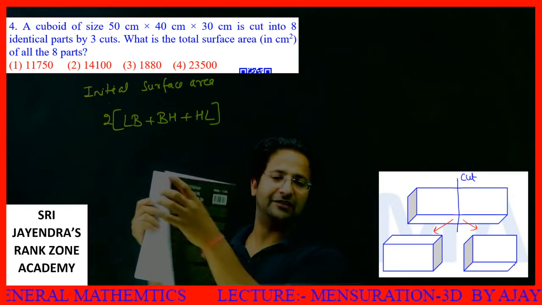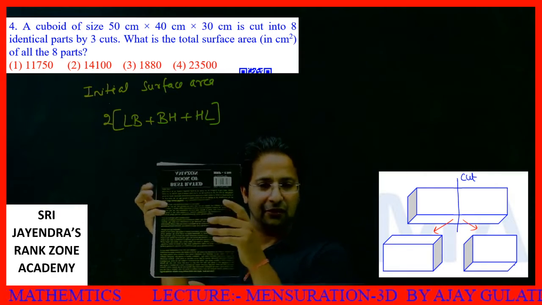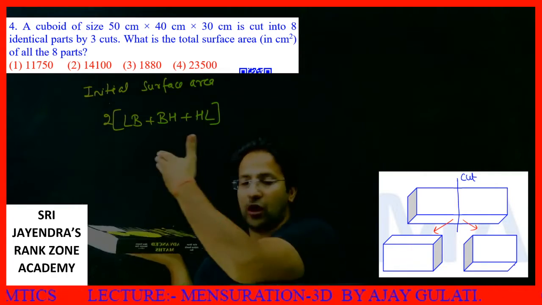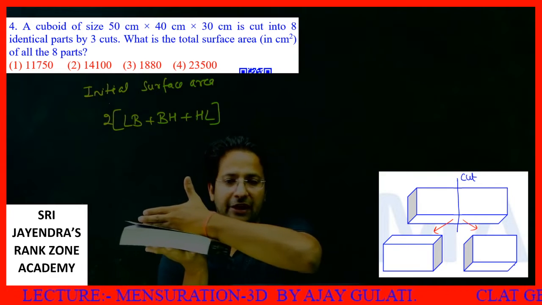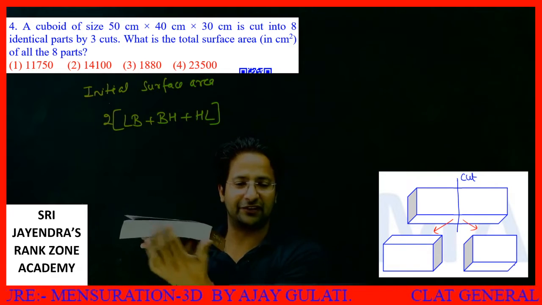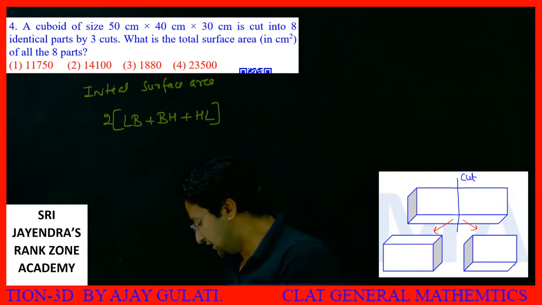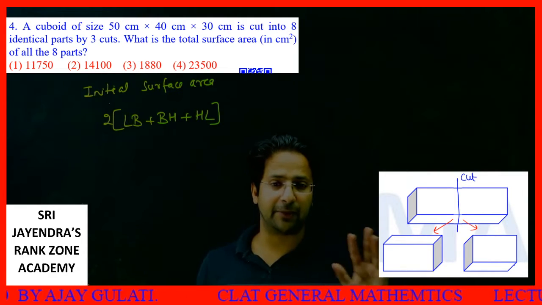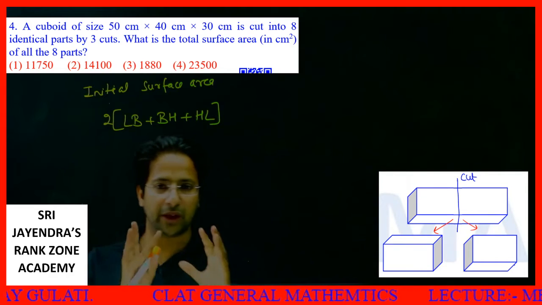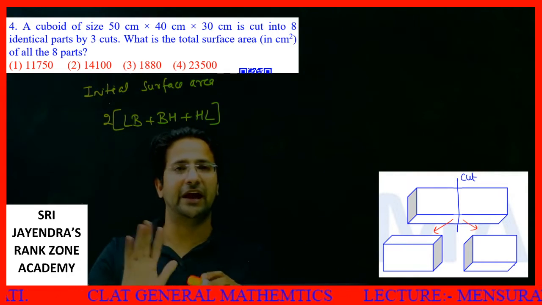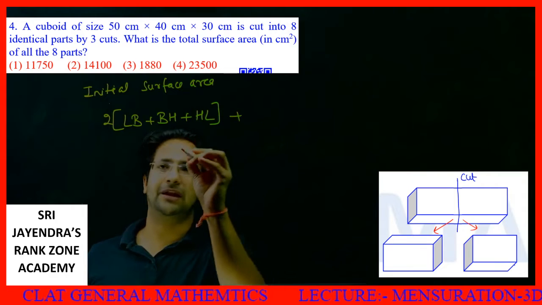It will be exactly similar to the cover page, like this. When I cut it along here, I'll get 2 more faces like this. And when I cut it along this side, I'll get 2 more faces like this. So if I make 3 perpendicular cuts dividing a cuboid into 8 parts, then the addition will be similar.